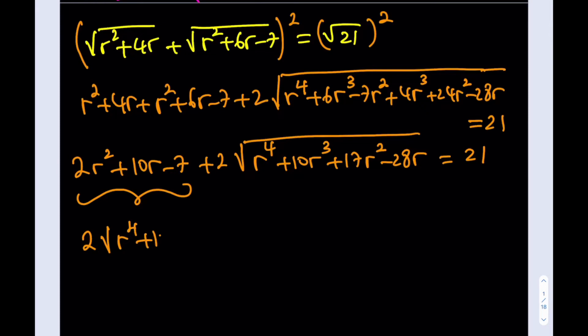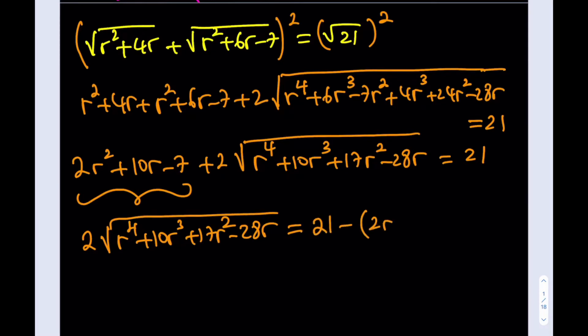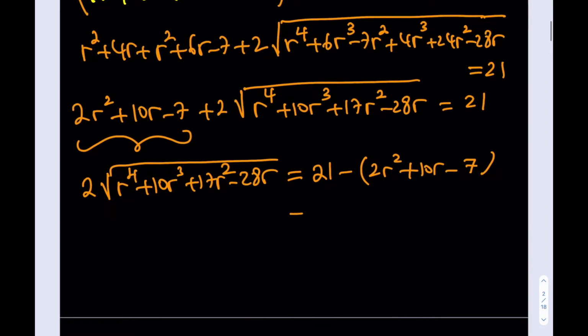So it's 21 minus this whole thing, and then I simplify. This is going to be 21 plus 7, which is 28, minus 2r squared minus 10r, and this expression is just as is.